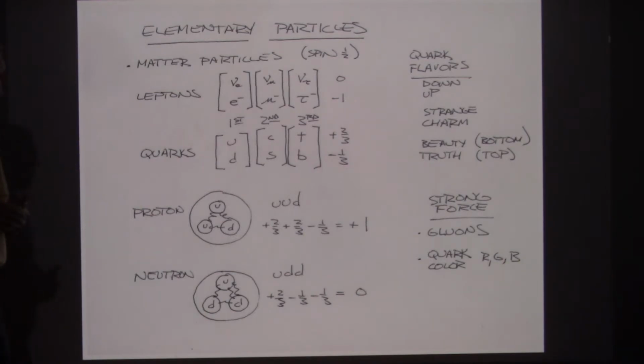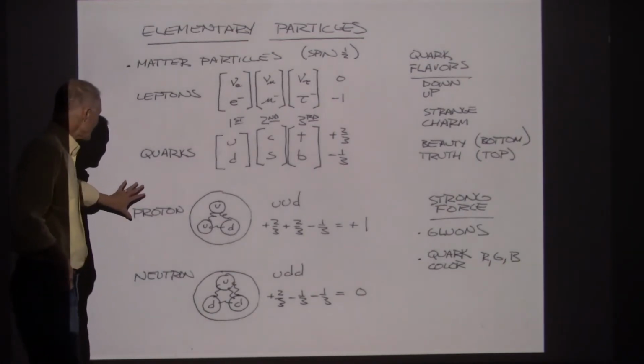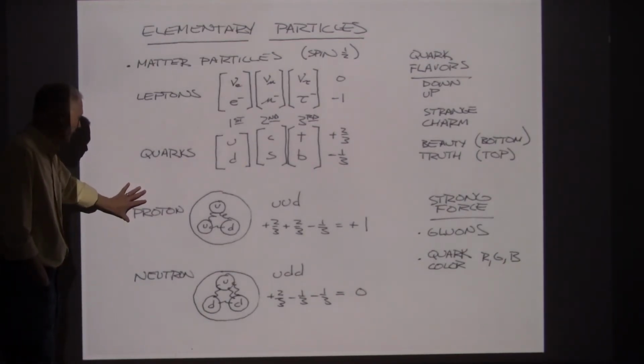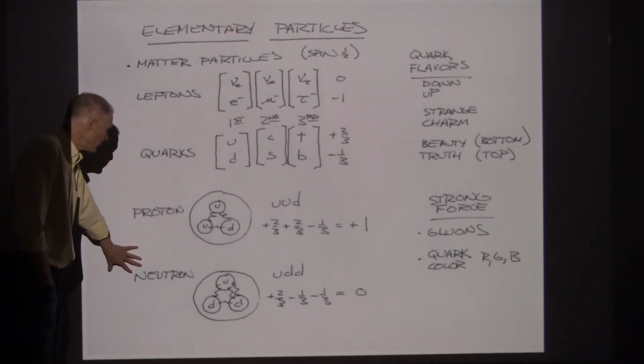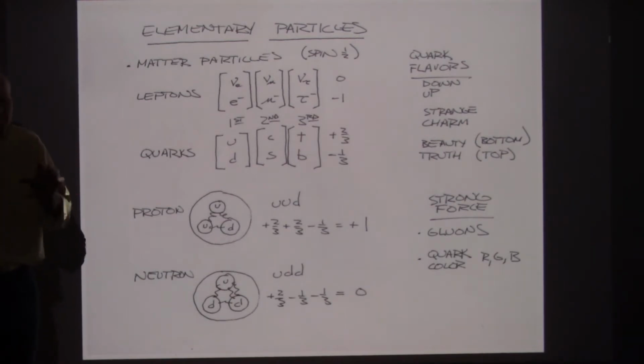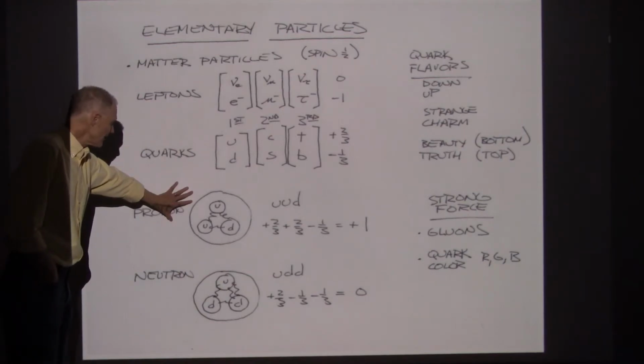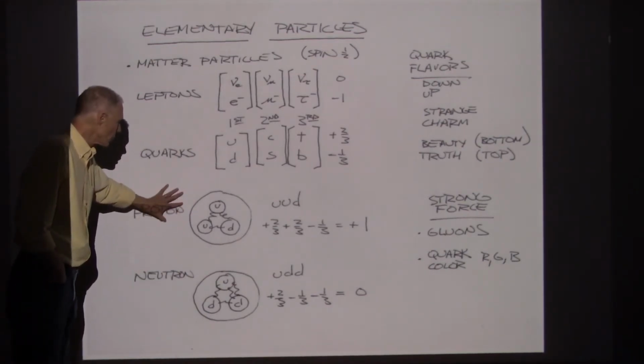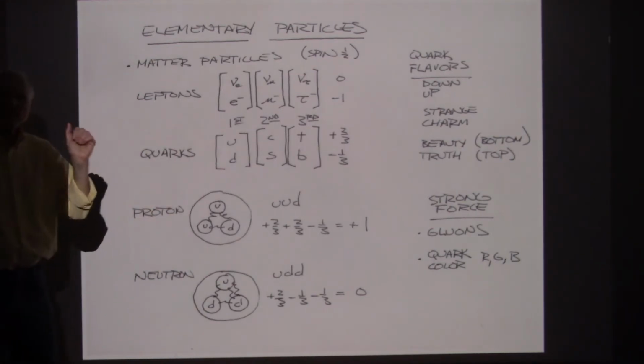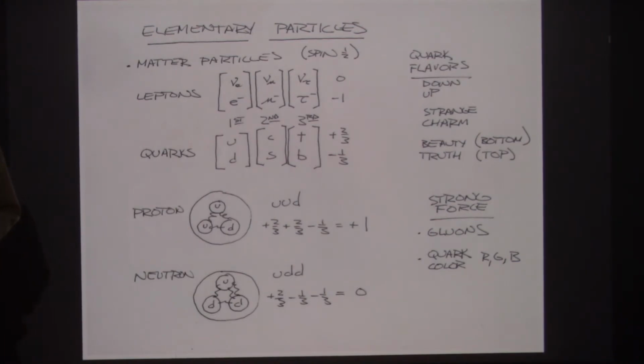So the charges add up correctly, and the spins add up correctly. Earlier in the course, we mentioned that the proton and the neutron have magnetic fields. That was one of the indicators that something was going on inside neutrons. Neutrons were somehow made out of charged particles. So we are able to understand the anomalous magnetic fields of the protons and neutrons in terms of the individual magnetic fields of the quarks.